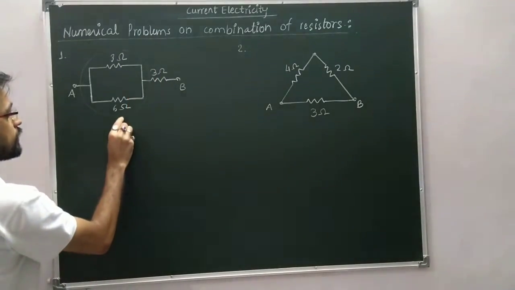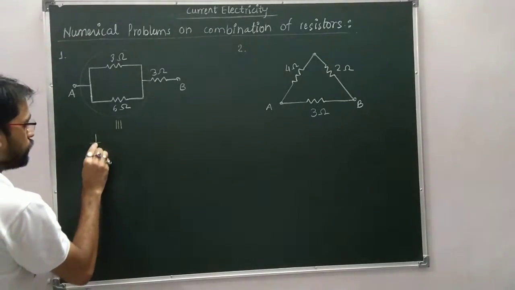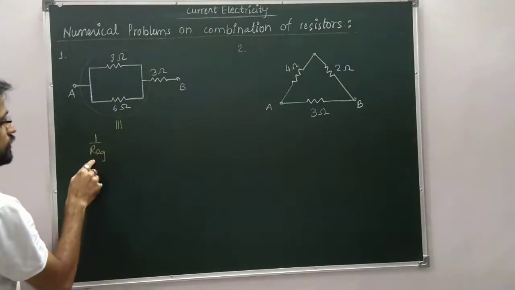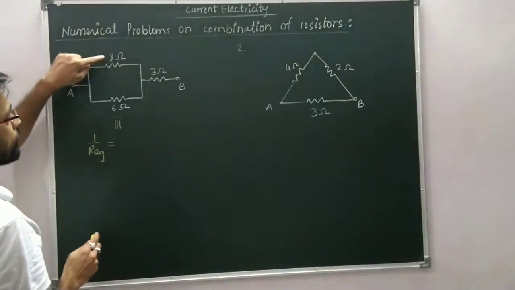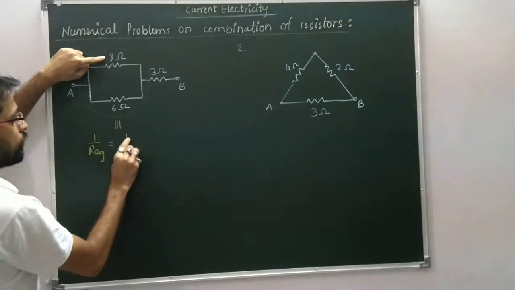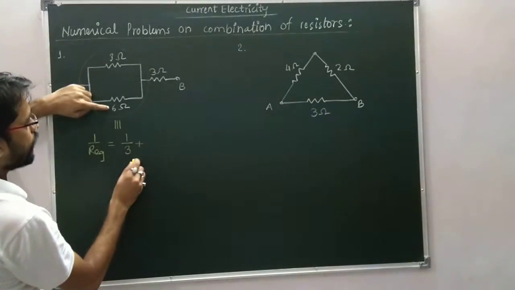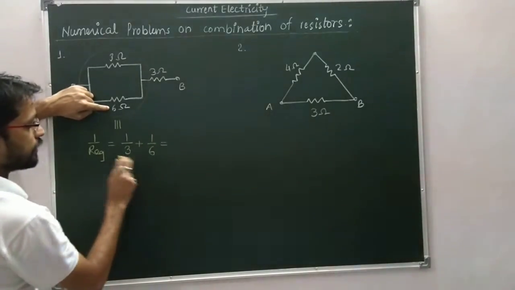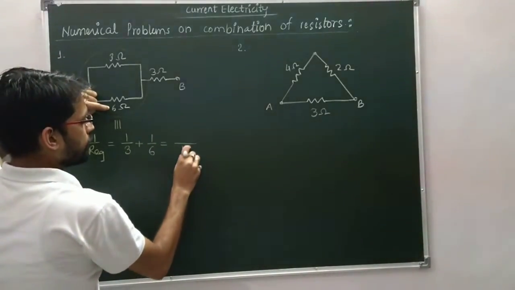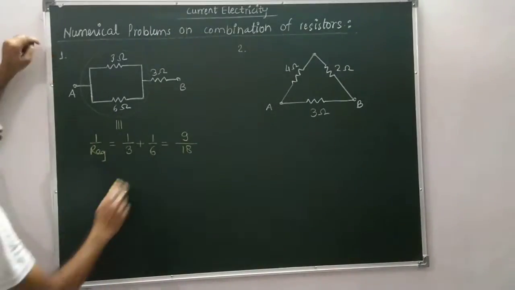The equivalent resistance of a parallel combination, as you know, is 1 upon Req, where Req is the equivalent resistance of this parallel combination, equal to 1 upon R1, here R1 is 3, plus 1 upon R2, R2 is 6. When you solve this, you get 9 upon 18.